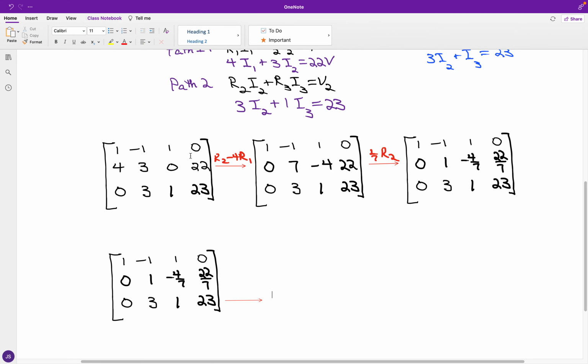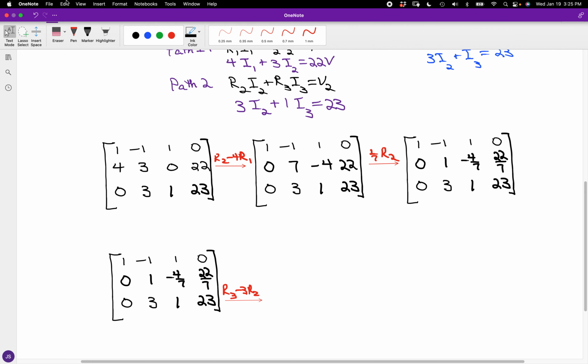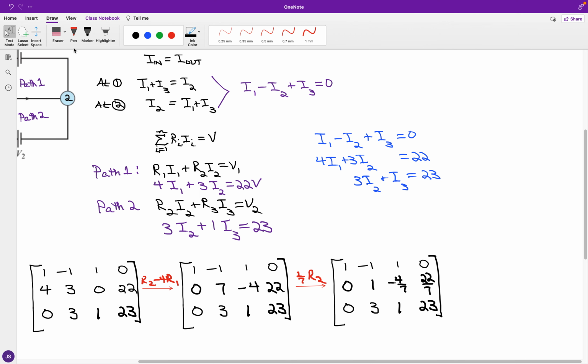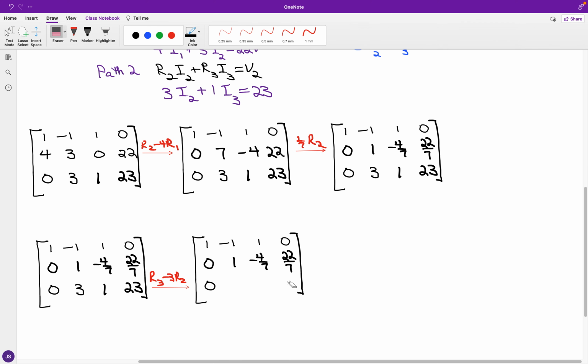And what I can do here is take the third row elements and deduct 3 times the second row elements. And we have, upon making the adjustments, 3 minus 3 is 0, 1, and what's going to be plus 12 sevenths will be 19 sevenths.